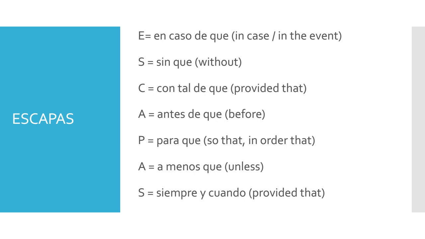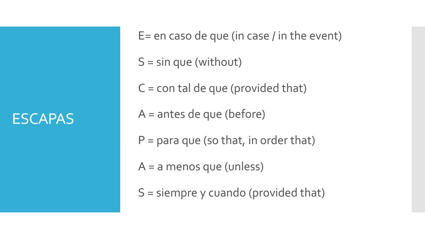The A stands for antes de que. Notice this is different than antes de. Okay, so antes de que would be before. P is para que, so that, or in order that. And then the A, a menos que, which means unless. And then the S is siempre y cuando, which also means provided that, kind of like con tal de que.